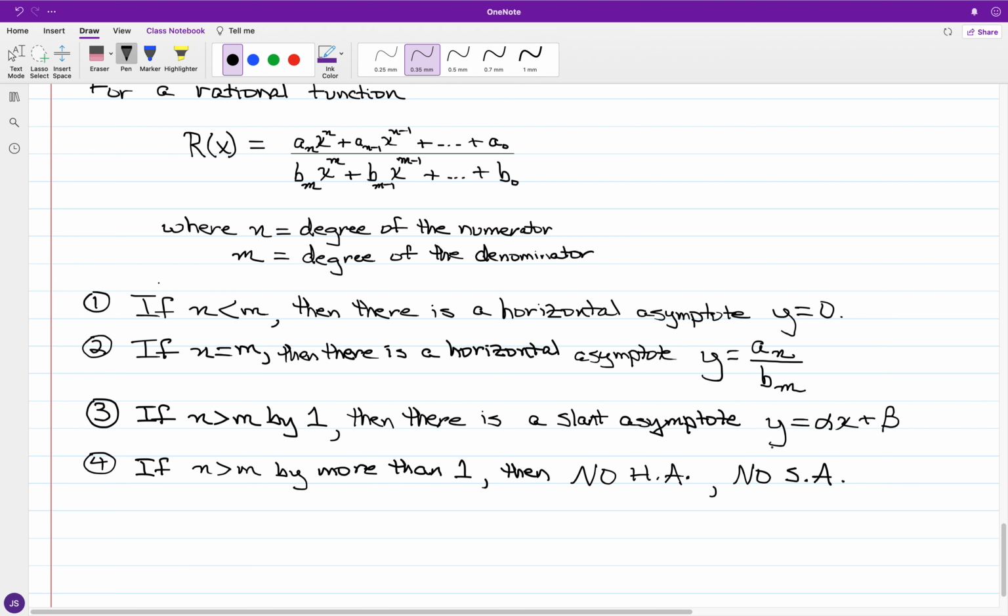And let's say that, for instance, we're looking for domain and asymptotes.